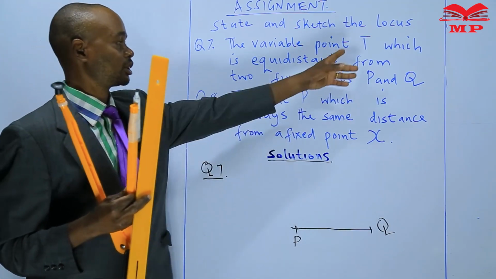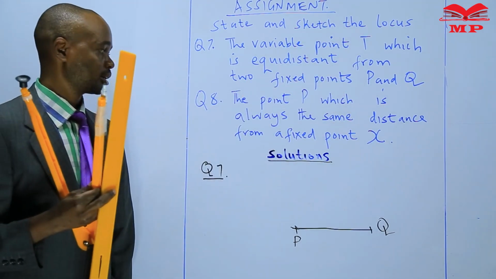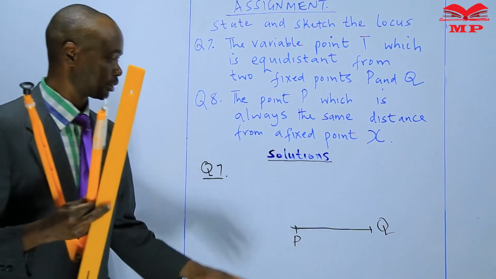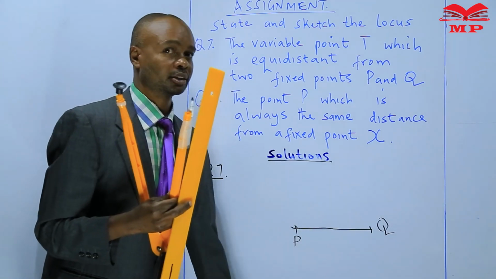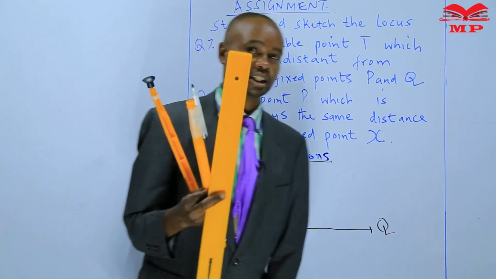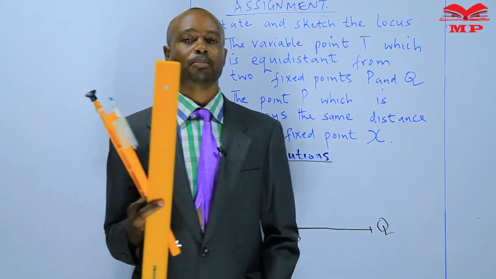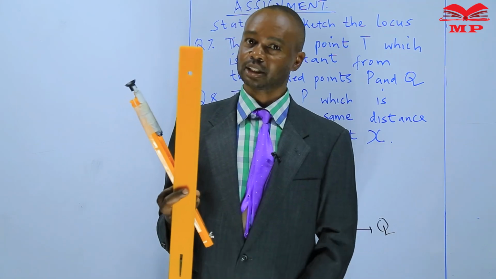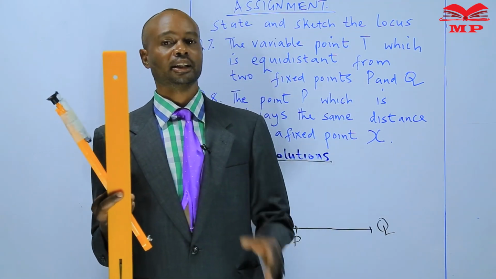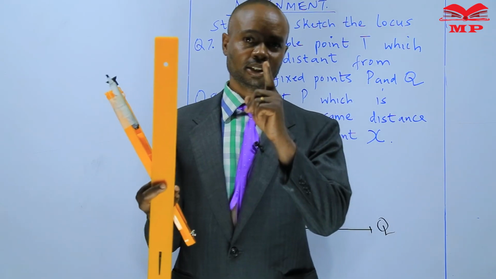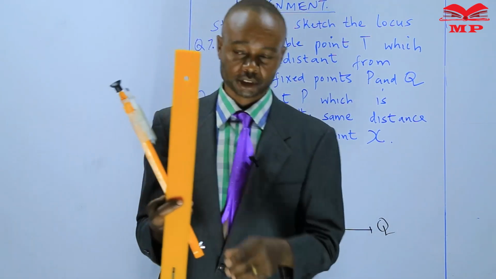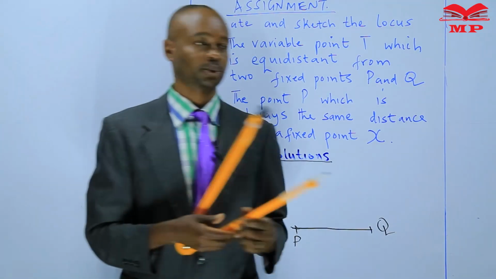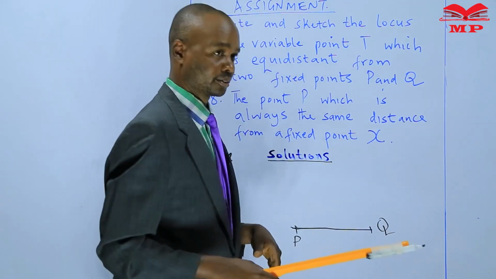The variable point is the one we have to get, and it should be at equal distances always from point P and Q. In short, they are just asking you to get a perpendicular bisector of line PQ. Any point on that line will be at equal distances from point P and Q. So I'll put my ruler down and use my compasses.